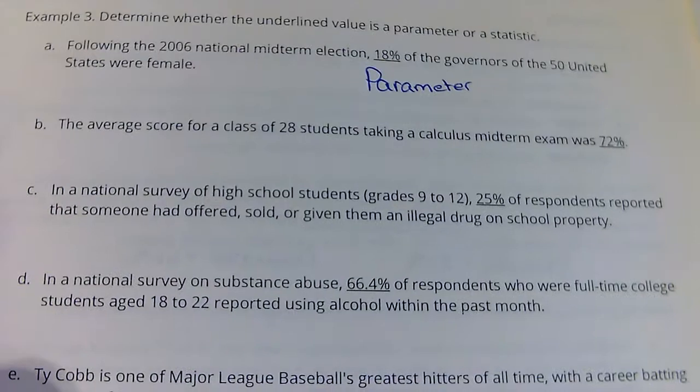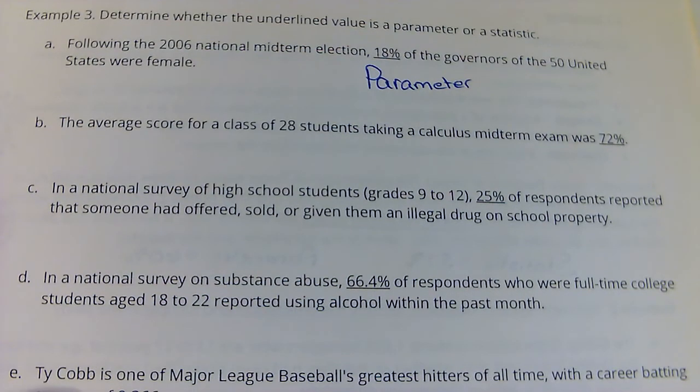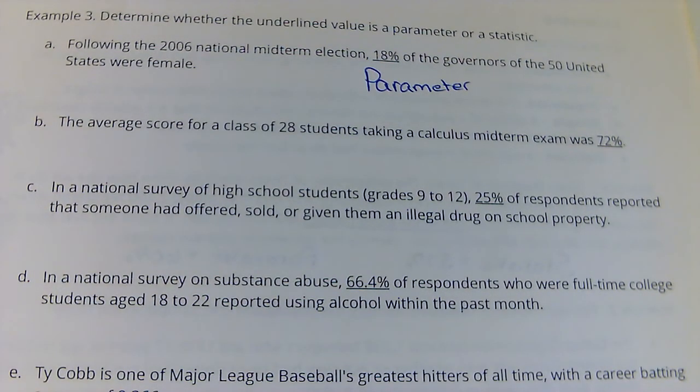The average score for a class of 28 students taking a calculus midterm exam was 72%. Now be careful. If our population is that class, then this is a parameter. But what if our population are all calculus classes for that school?